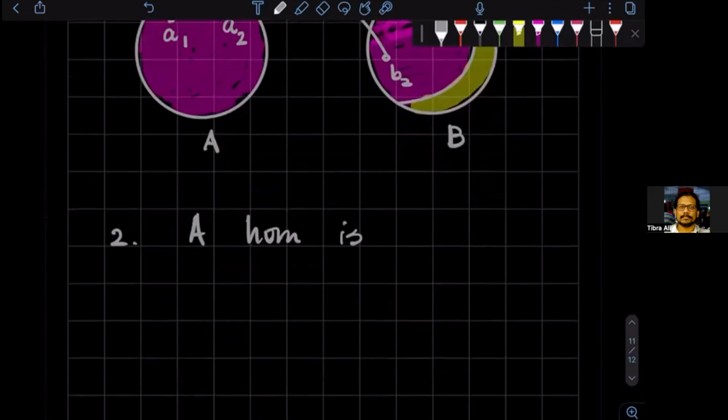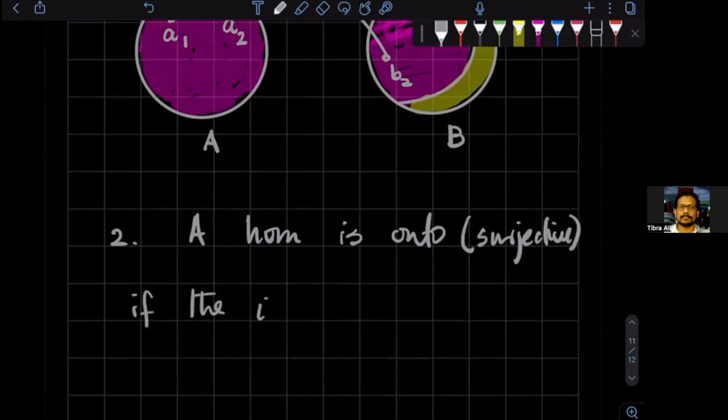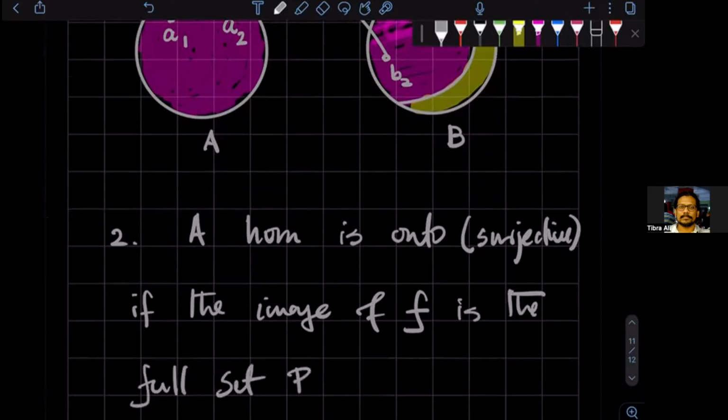But a homomorphism is onto, or surjective, if the image of F is the full set B.